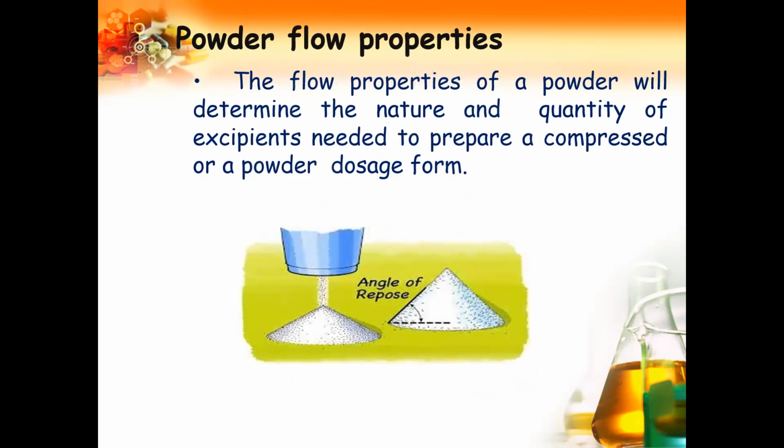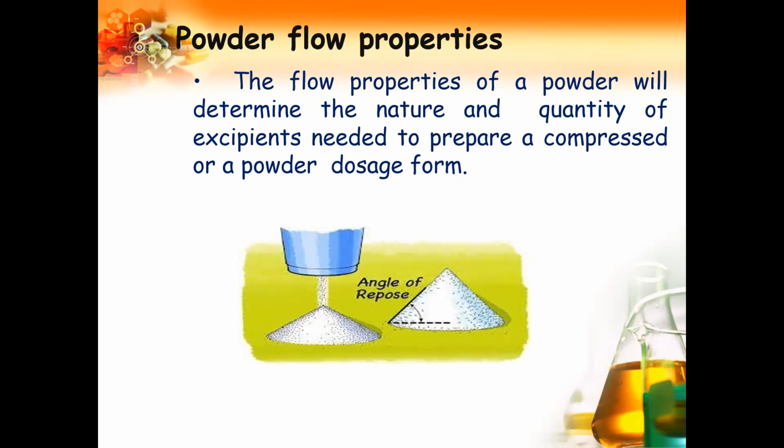The next important physical property is powder flow properties. The flow properties of a powder will determine the nature and quantity of the excipients needed to prepare a compressed or powder dosage form. If we know the flow properties of the API, then accordingly we can select the excipient at the time of granulation.